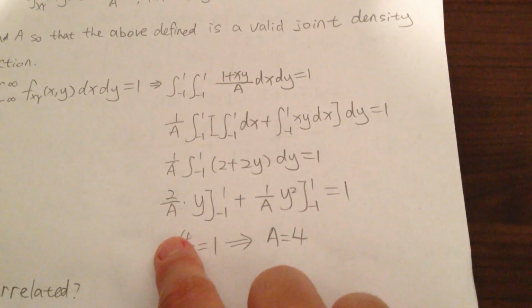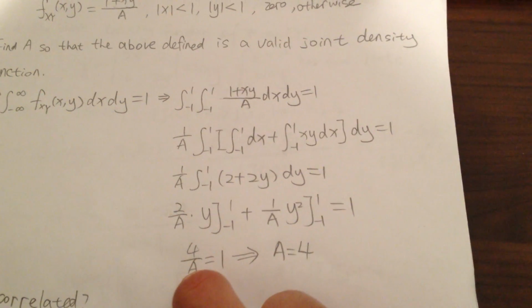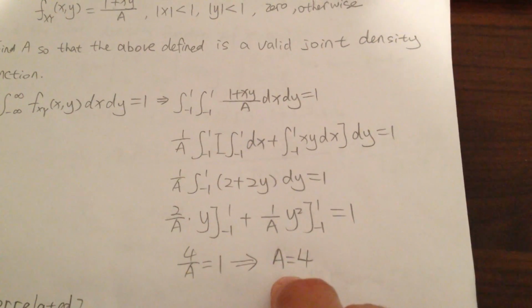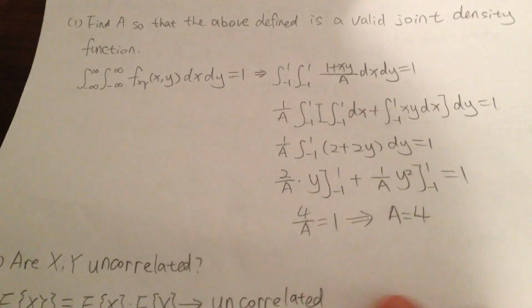After the calculation, I get 4 over a equals 1. That means a is 4. So this is part A.